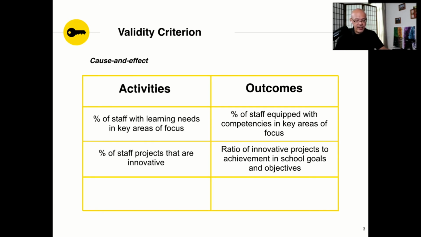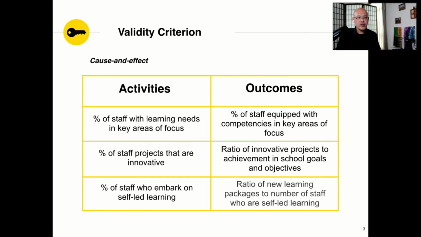Another example, and we could go on with many examples, but you get the point. The third example is the percentage of staff who embark on self-learning, because here we want staff to take ownership of their own learning. You do not want people to just engage in a series of self-led learning; you also want to see some outcomes.